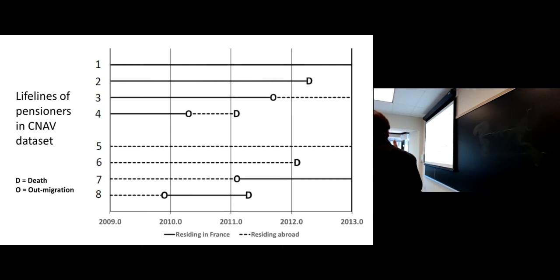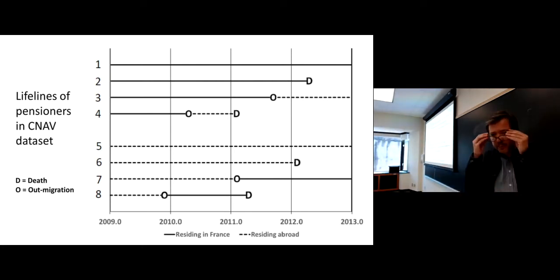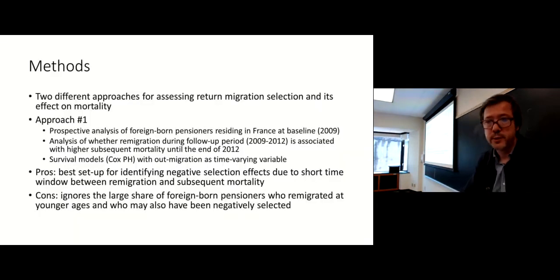So we want to limit the time period as much as possible. I think we have only these 4 years, and we think that puts us in the best position for identifying negative selection effects. Now, the disadvantage of this approach is that it ignores the large share of foreign-born pensioners who remigrated at younger ages and who may also have been negatively selected.